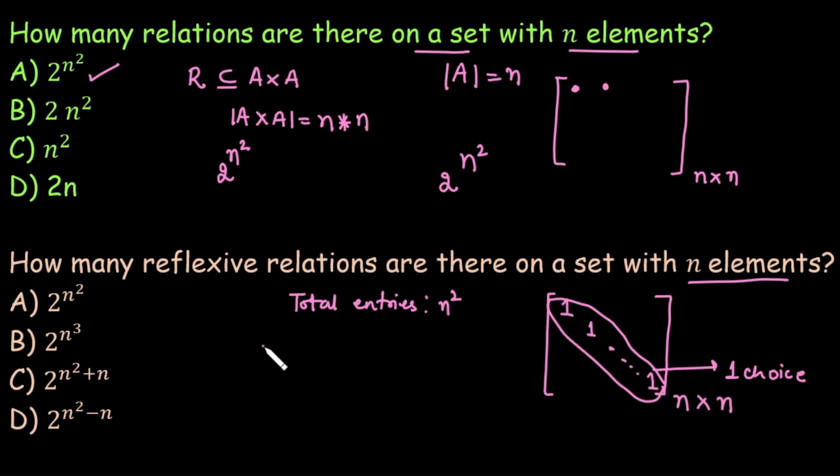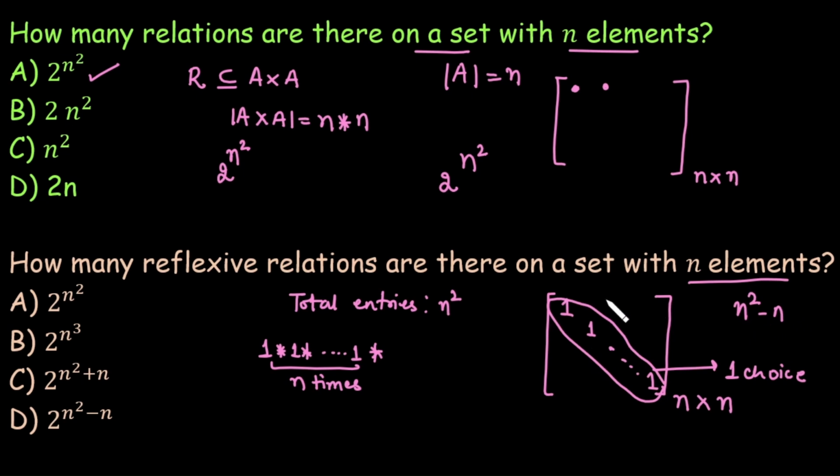So 1 gets multiplied by itself n times, because n diagonal entries are there and each has one choice. Now what about the remaining elements? The remaining elements are n square minus n, because total entries are n square and diagonal entries are n, so off diagonal entries are n square minus n.